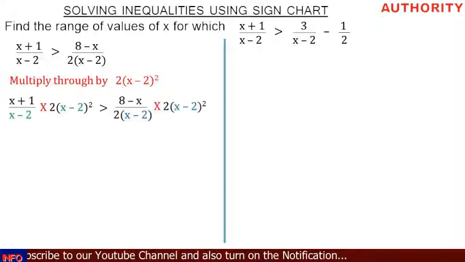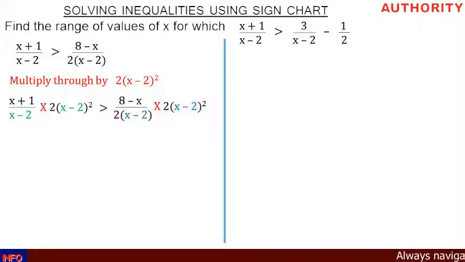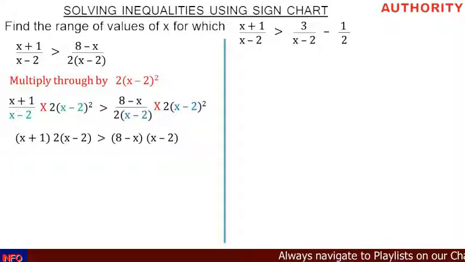When we multiply, the (x - 2) in the denominator will cancel one of the (x - 2). Then on the right hand side, 2(x - 2) will cancel 2(x - 2). You get it? Now after the cancellation, this is what we are going to have.